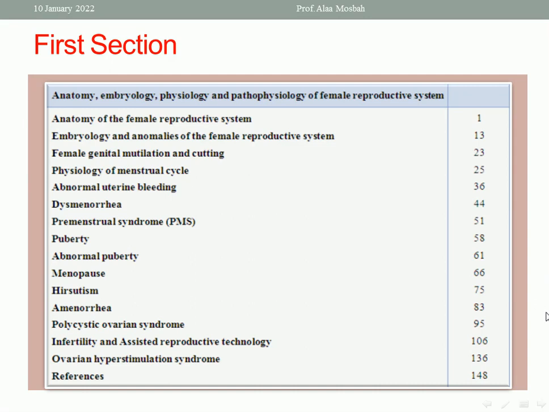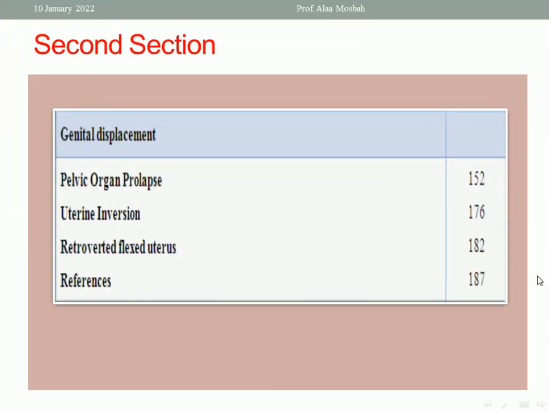Okay, this is nearly the biggest section in the textbook of gynecology. The second section includes genital displacement, including pelvic organ prolapse, uterine inversion, and retroverted flexed uterus, and ended with updated references at page 187.